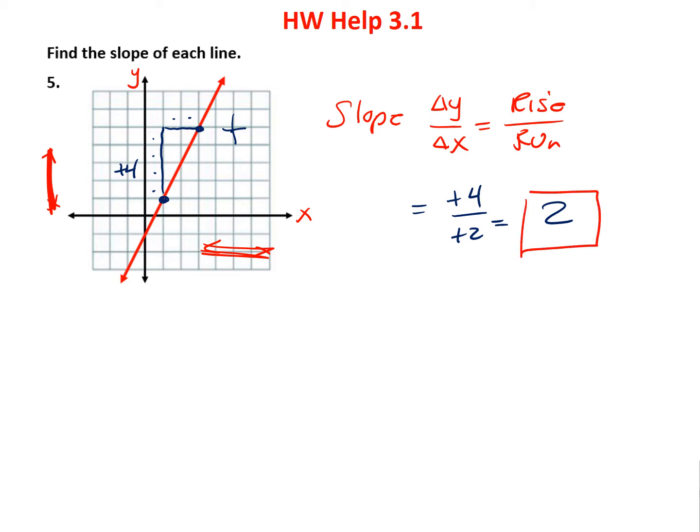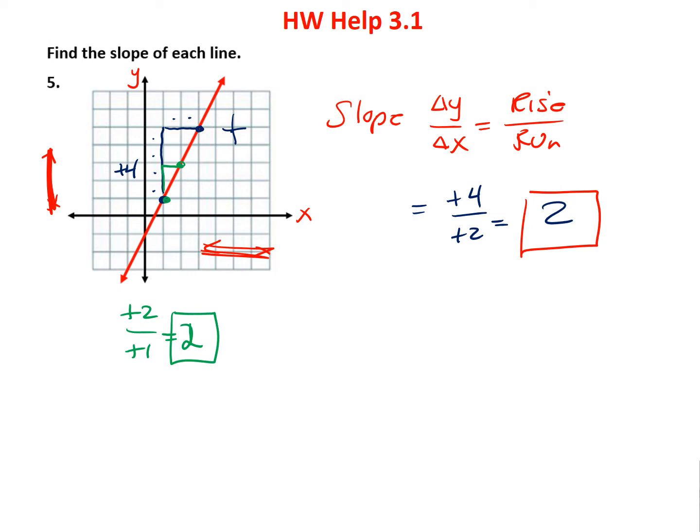Now, by the way, notice something interesting. I could have picked this point and this point. And notice if I did that, what I would have gotten for my slope is plus 2 over plus 1, but it would have been the same answer, 2. You can pick any point you want along this line.